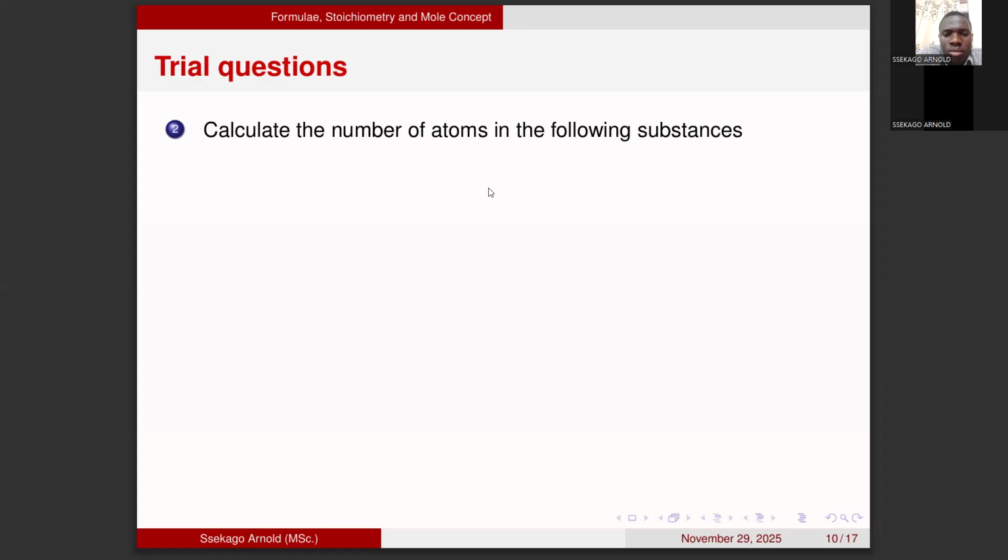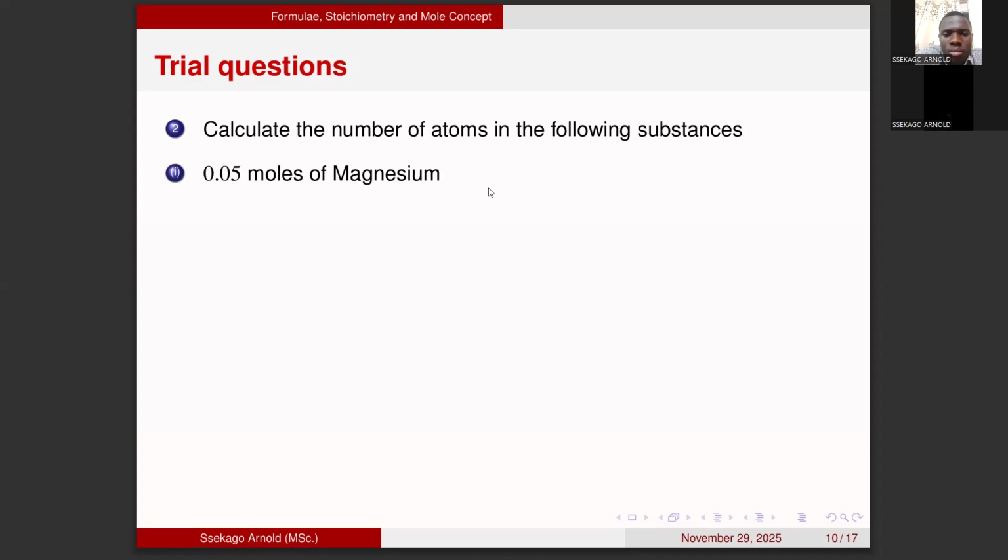Now, item two was on calculating number of atoms. Recall that atoms, ions, and molecules are particles. So item 2 was on determining number of particles, and in particular, they were atoms given different information.